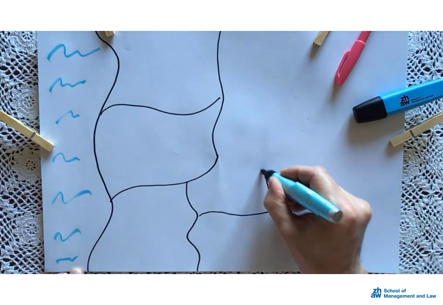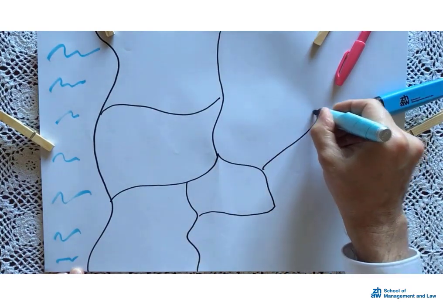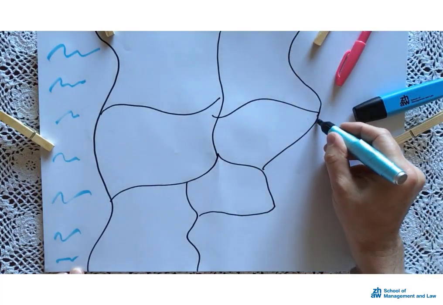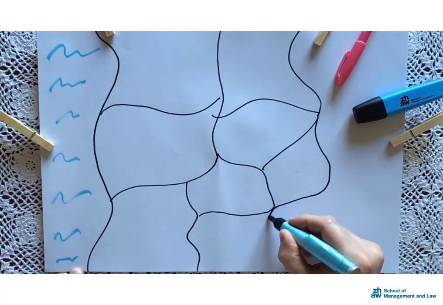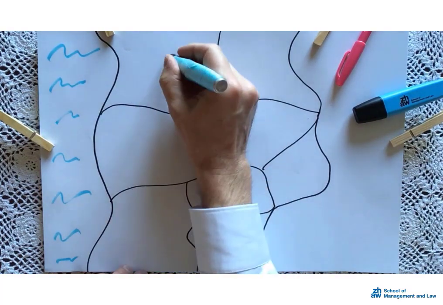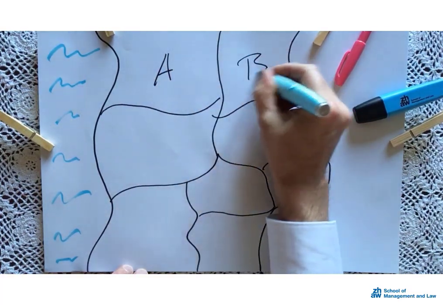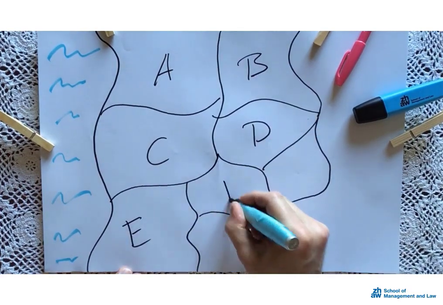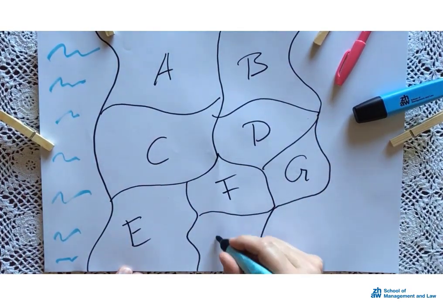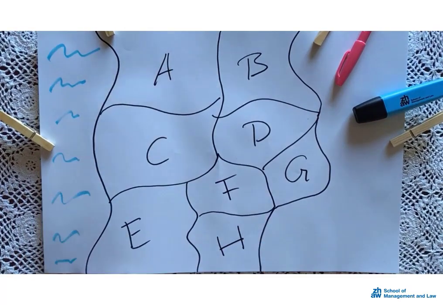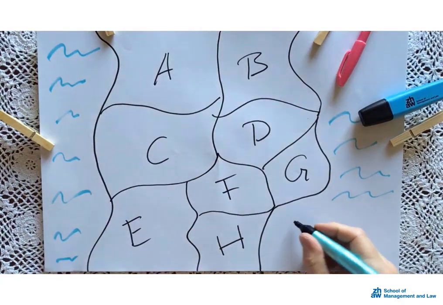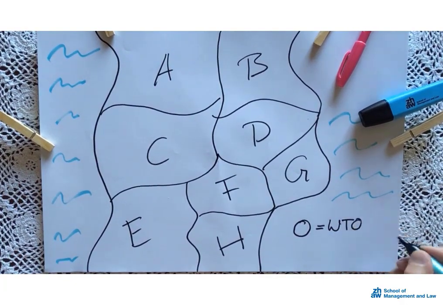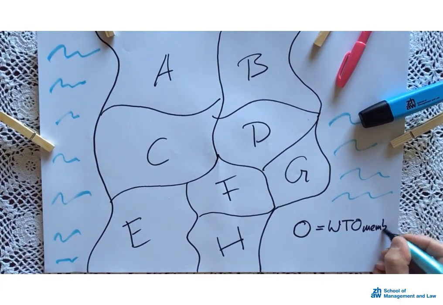In the meantime, you see on the map already a number of borders, and those borders are currently closed because of coronavirus, but they are still open for goods, so for international trade, and that is what is of interest for us today. We have also a number of states on the map, and some of those states are WTO member states.